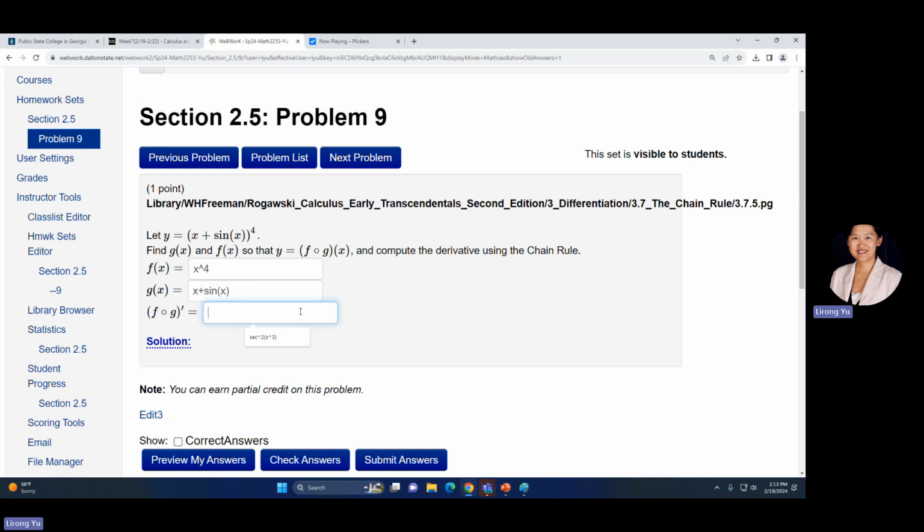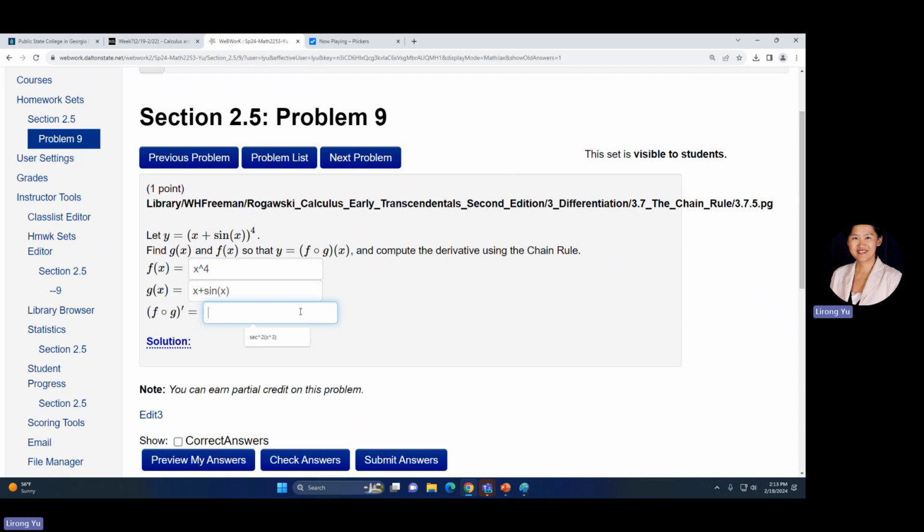You differentiate the outside function. That is the power of 4, and don't do the x part because we don't have x in the power. We have this for the power. So whatever is taken to the power 4, you have to move the 4 to the front and lower the power by 1. But in the meantime, we're keeping the inside, even though we're calling that the outside function, that is, f of this big thing is equal to this big thing to the power 4.